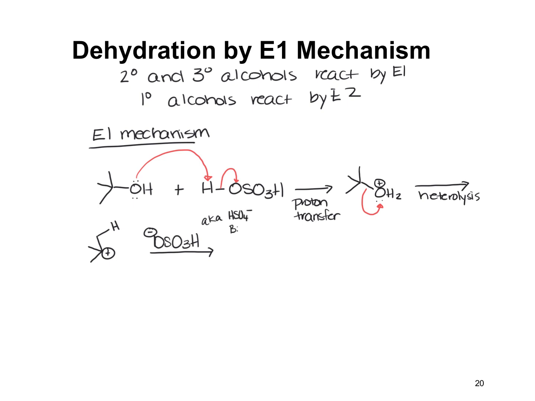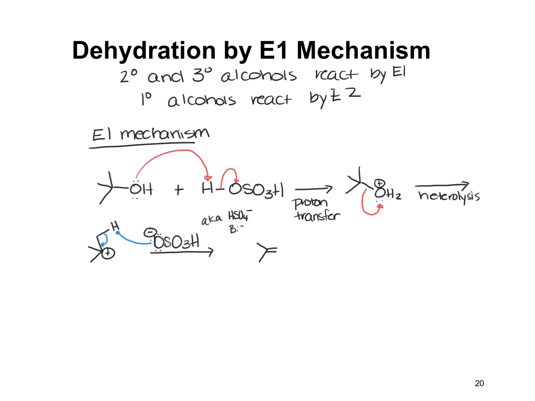Sometimes you'll just see it as a base, so you have to recognize both things. I like showing it this way because I like to draw my electrons in, honestly. So I have my electrons here. They are going to come, steal the proton on the beta carbon, and then these electrons are going to come right here and form a double bond. And so this, through the elimination reaction, gives us the double bond here.